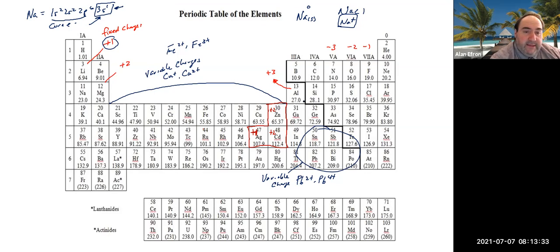All right, so let's then talk about what we're going to cover here in terms of types of compounds that we're going to talk about. So we talked about it in terms of bonding. We talked about ionic compounds, and a reminder that when we talk about ionic compounds, we're really talking about a metal and a non-metal together.